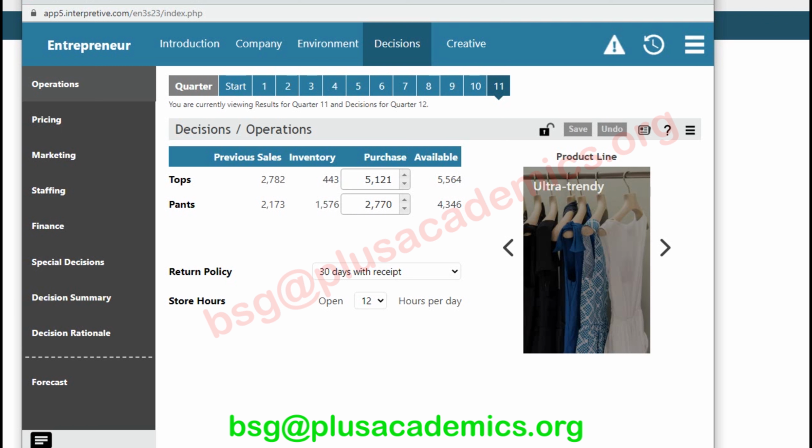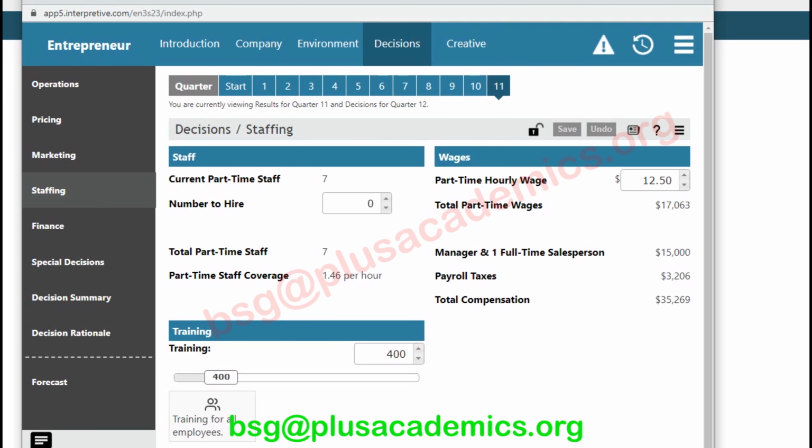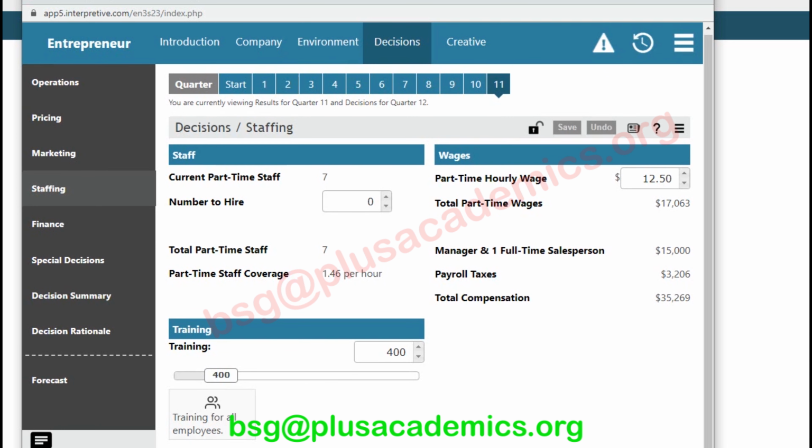Okay, now let's go to staffing. As we had seen earlier in the reports, we were having a part-time hourly wage of about $8 per hour, and most of the companies in the industry were offering better wages compared to us, and that has a very huge impact on employee morale, and that's the reason why we considered increasing the part-time hourly wage to 12.5.